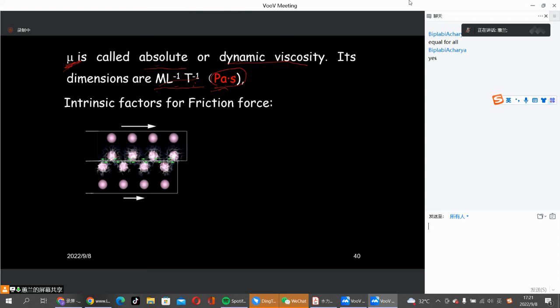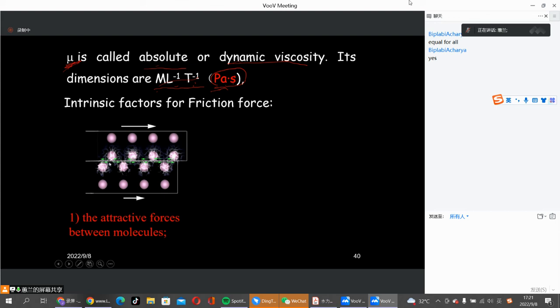Okay, this fluid viscosity, we know, is actually the internal friction force. This friction force is actually decided by two factors. One is the attractive forces between molecules, right? Here this is the upper layer, this is the lower layer, so when the upper layer moves forward, the lower layer will apply the friction force or the shear stress, right?